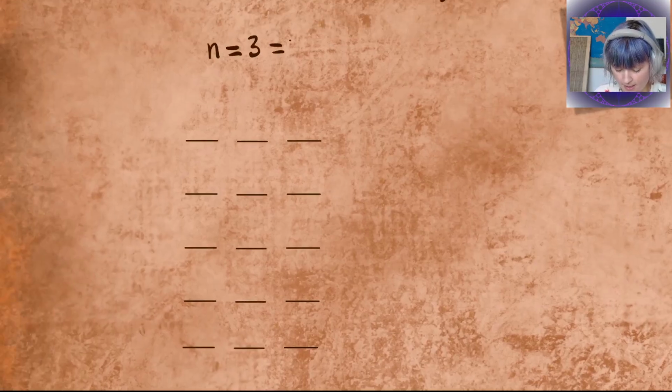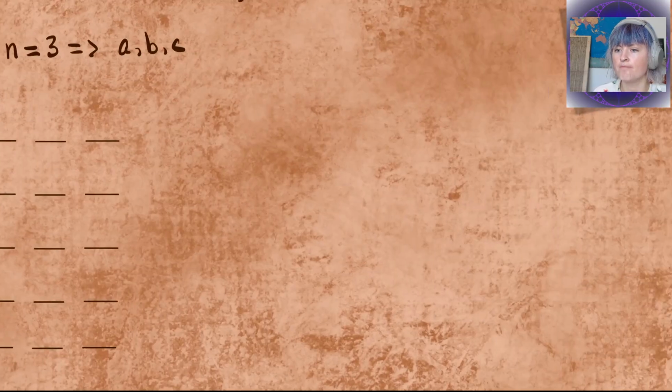So let's look at a set of n equal to 3, A, B, and C. But we're going to be looking at two different cases.